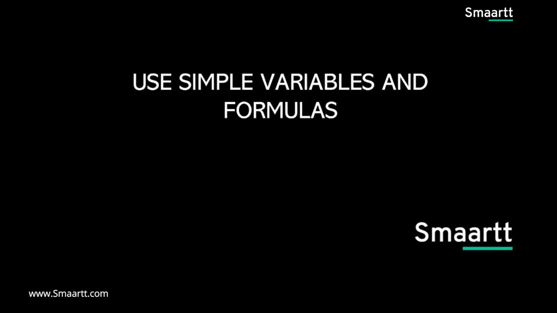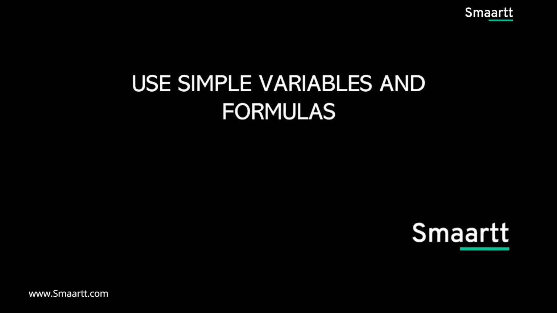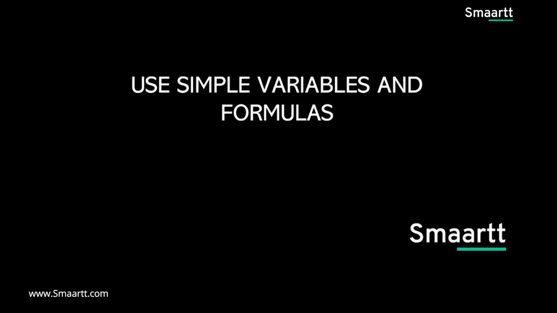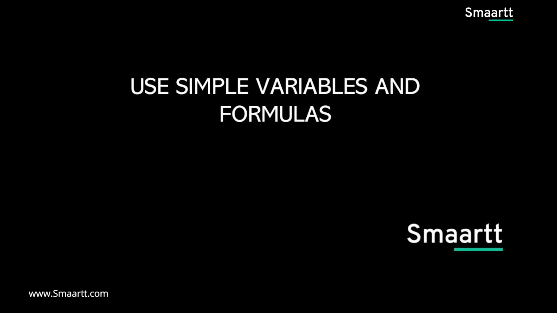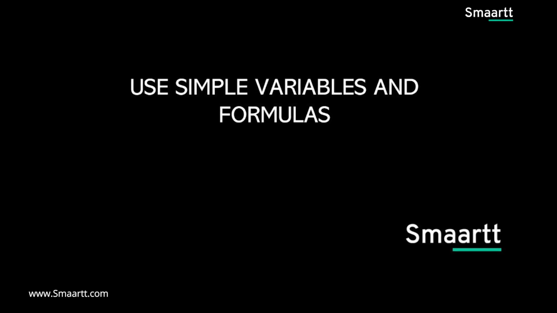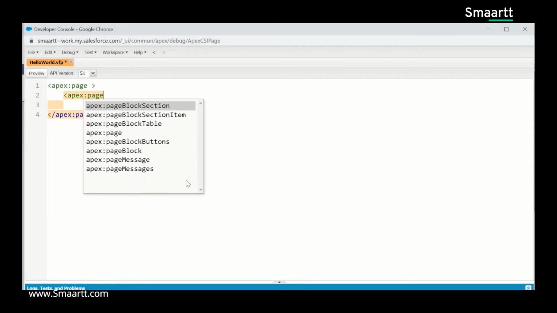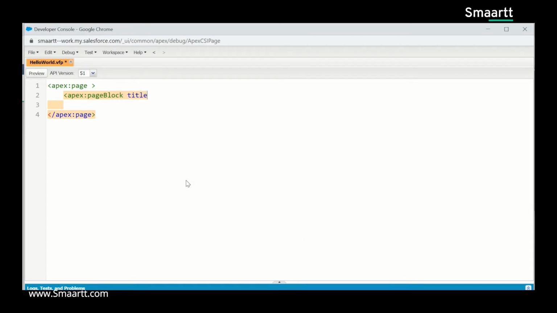Moving ahead, let's see how we can use simple variables and formulas in our Visualforce page. A Visualforce page can display data retrieved from a database or web services, data that changes depending on who is logged on and viewing the page, and so on. Let's begin by adding an apex:pageBlockSection.